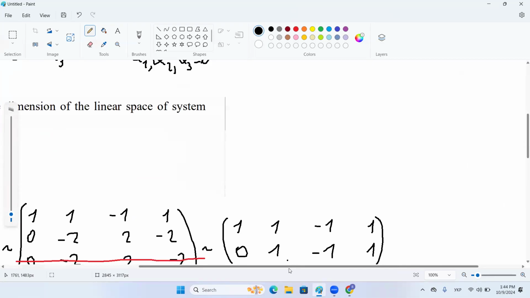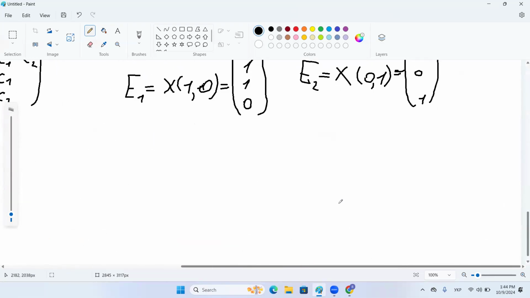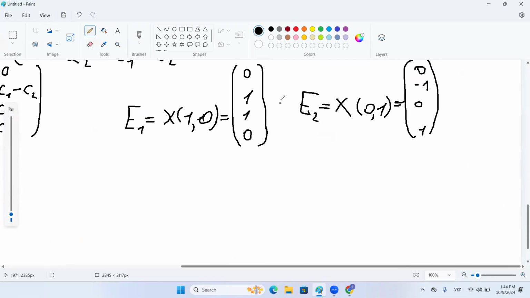So here is the basis for the space of general solutions of the system, these vectors.